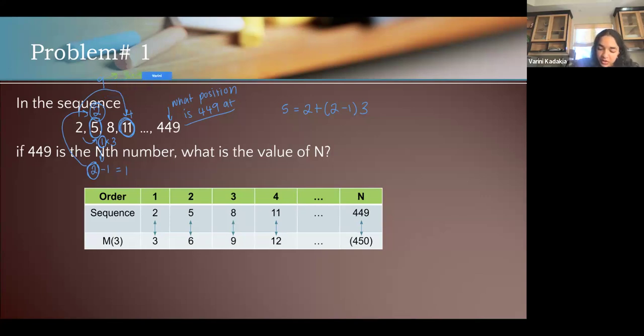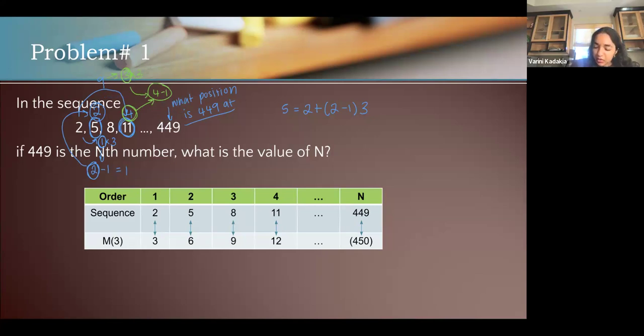How else can we represent 3? It's 4 minus 1, times 3. 4 minus 1, right? So look again, it's the position minus 1, right? Everyone clear?